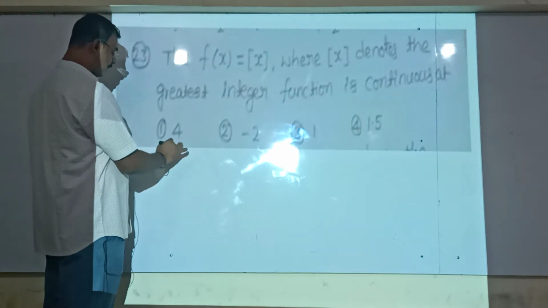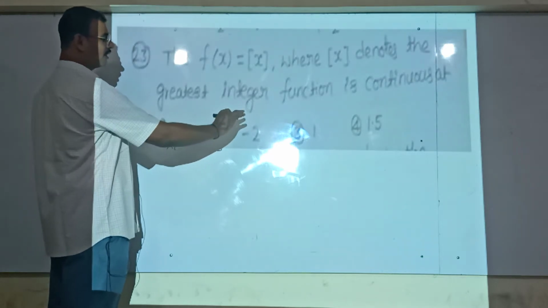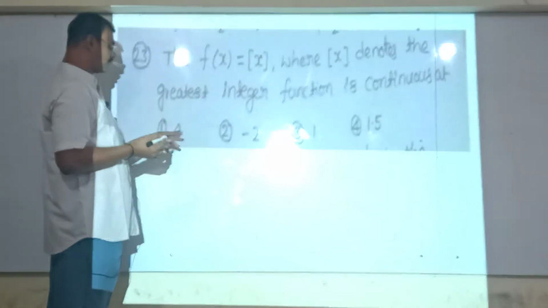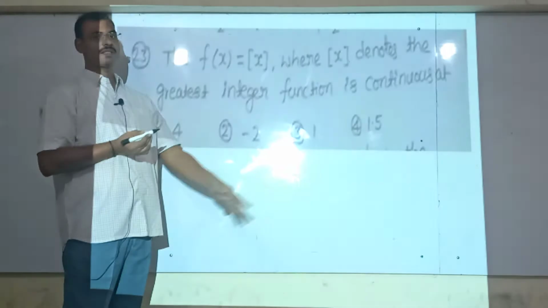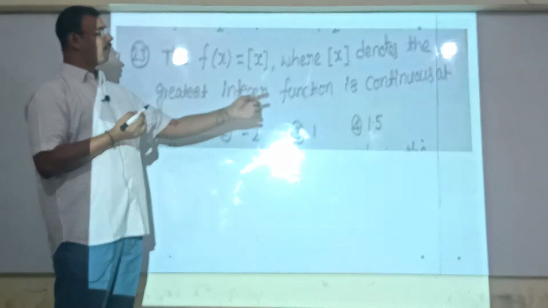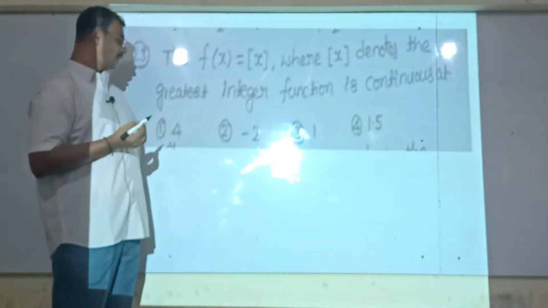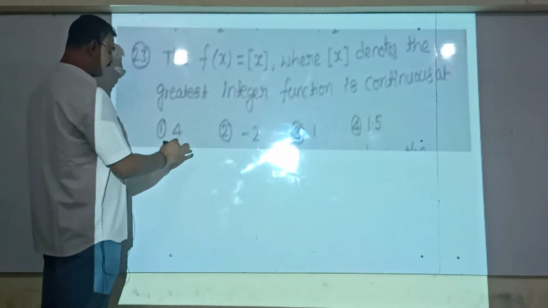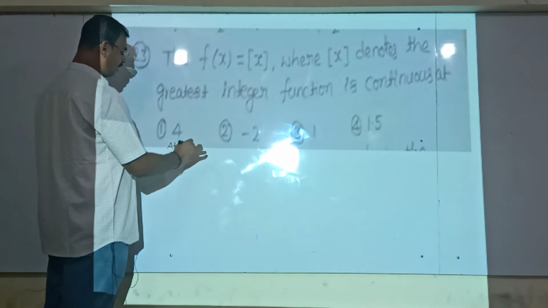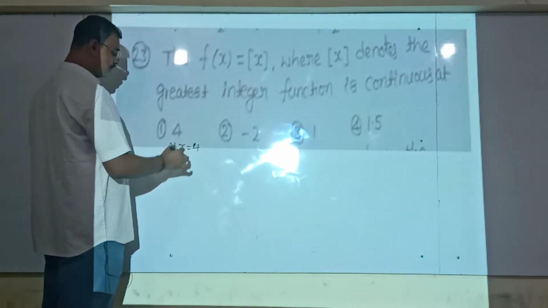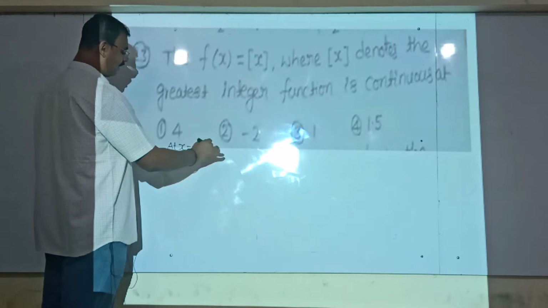For example, here integers are there, non-integers are there. What are the integers? 4, minus 2, 1. These are the integers. 1.5 is a non-integer. Firstly, I am taking an integer value. Let x be an integer. Any integer you can take. Let us take, for example, 4.